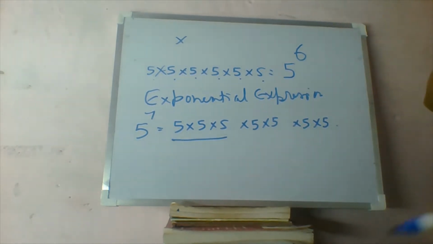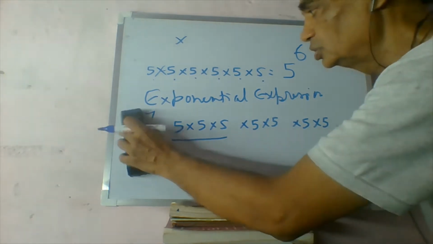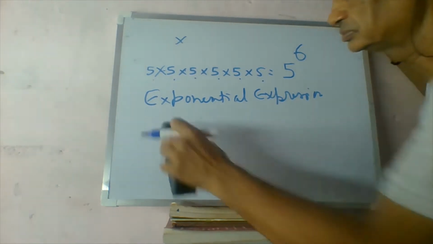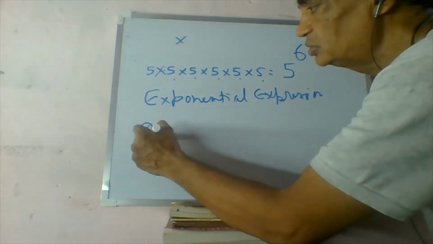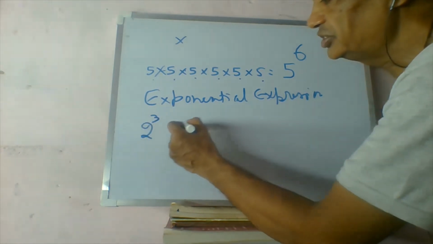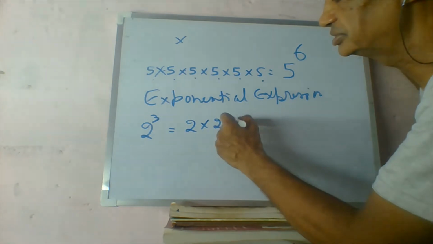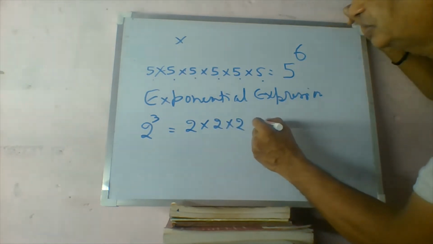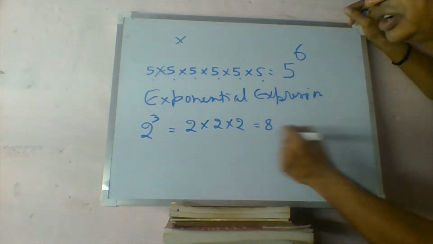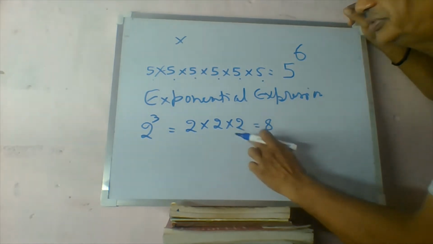Okay. So if I have 2 raised to power 3, it is 3 twos multiplied together, and obviously it is 8. 2 into 2 is 4.